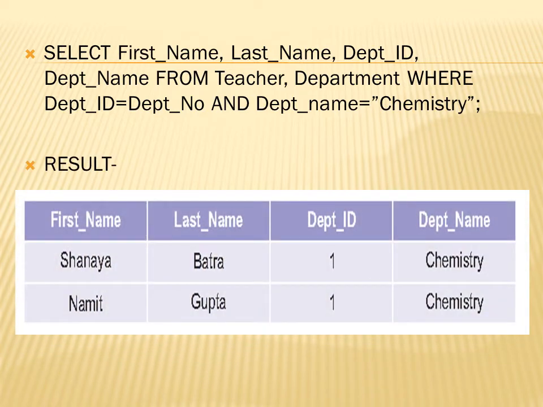Up to this much it is the same, and you have to add something else, that is and the department name should be equal to chemistry. Then you get only those names of the teachers who are in that particular department, chemistry. Same if you want for English, you write English there, you get the details of the English teachers, like that.